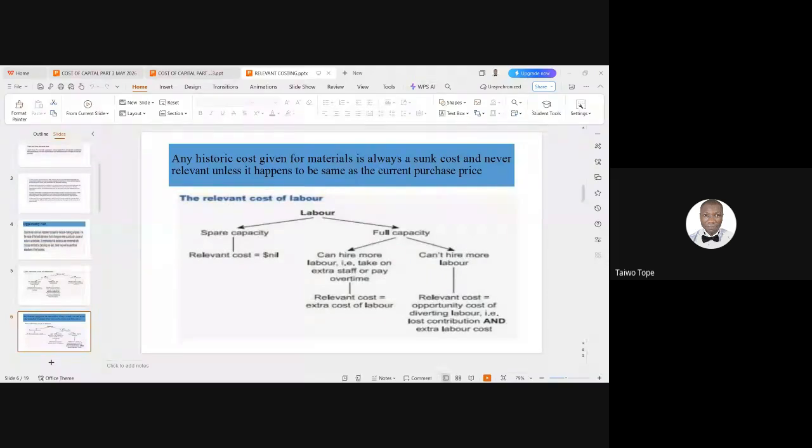So the relevant cost of labor in that regard will be the opportunity cost, the lost contribution in Department A, plus any extra cost of labor that Departments C or B will incur. The lost contribution in Department A that cannot be achieved will be a relevant cost, because that loss is occurring because of the decision that is being taken.